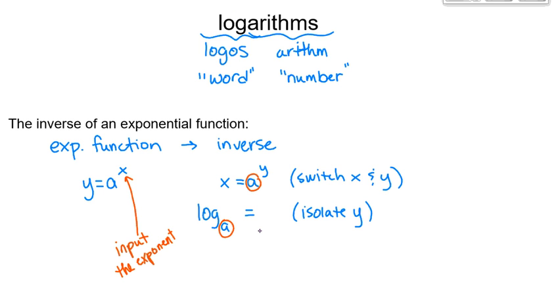It's y. So the output is y, the exponent, and so the x goes here. And that's how we write it. What it means is the base a, when raised to the power y, will give you an answer of x. So the input is the answer, the output is the exponent.